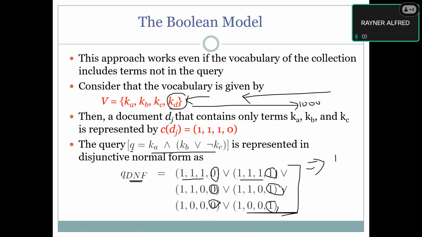But each query may have different formats that can match the expression. So each query will have disjunctive normal form, and each document will have the conjunctive normal form. Yeah, you are right. Okay, that's answering your question, Dr. Jekyll. Yes, Prof.